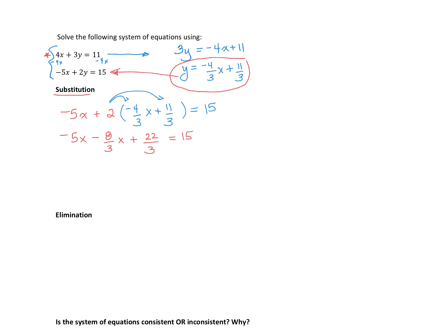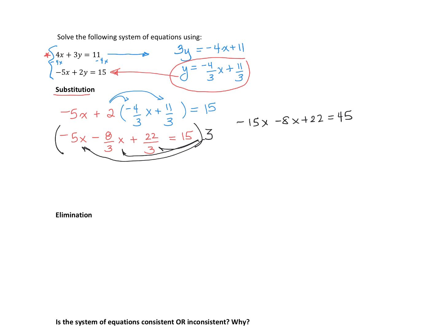Now, I've showed you in another video, one nice thing to do here is just to multiply the entire equation by 3, so that when we do that, these 3's in the denominator are going to cancel. So if I do that, I get negative 15x minus 8x plus 22 equals 45. So that's always nice if we can kind of eliminate those fractions and try to work without them.